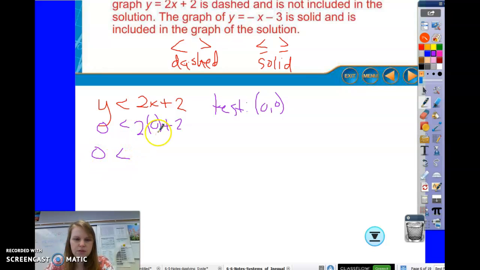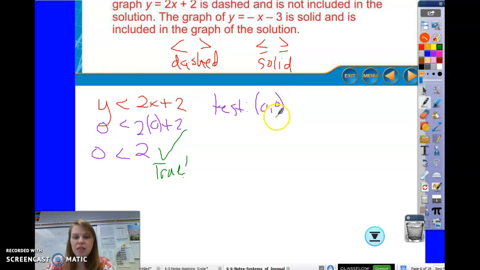Well, 2 times 0 is 0, right? And then 0 plus 2 would give us 2. Is this a true statement? Is 0 less than 2? Yes, it is. Since this is true, 0, 0 is part of our solution.